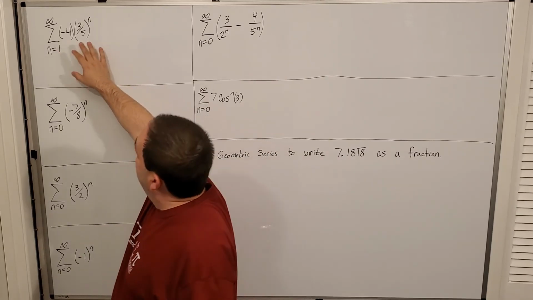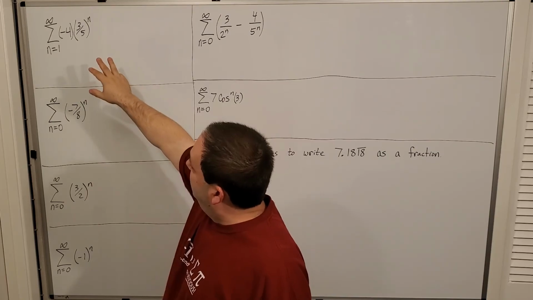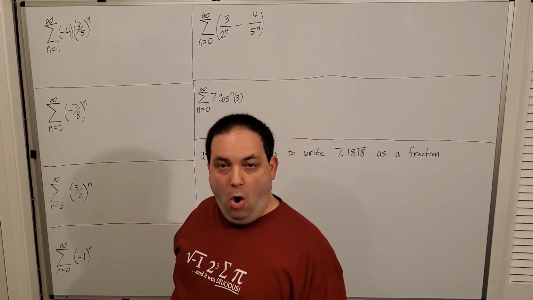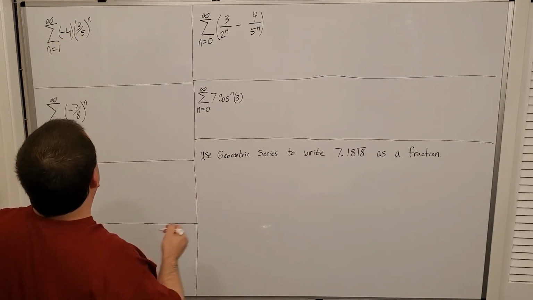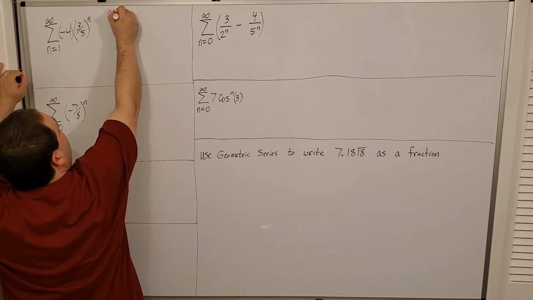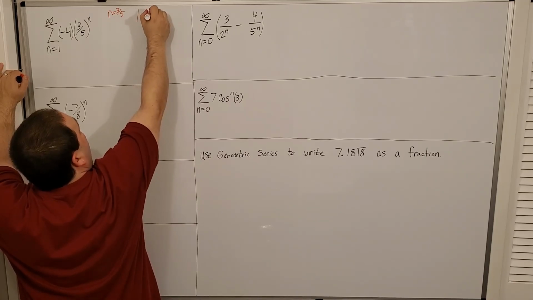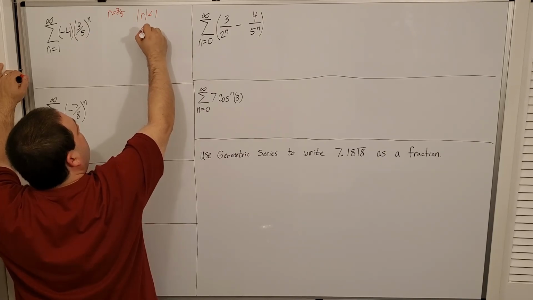Okay, so once you have something that you know is a geometric series, and you can recognize that by looking at it, then we just inspect the r. Here, my r is 3/5, right? So r is 3/5, and therefore the absolute value of r is less than 1. So we know that this converges.